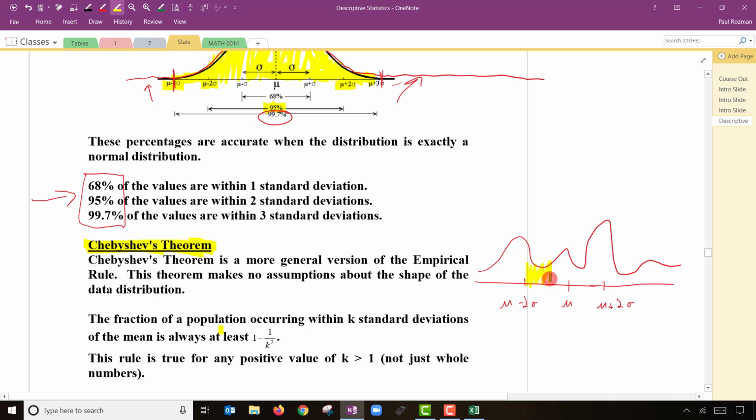The area within that range is what Chebyshev was trying to analyze. Now, I should be a little more careful here. The curve couldn't possibly be going up at the end. It has to be approaching the axis. Anyway, you get the idea.